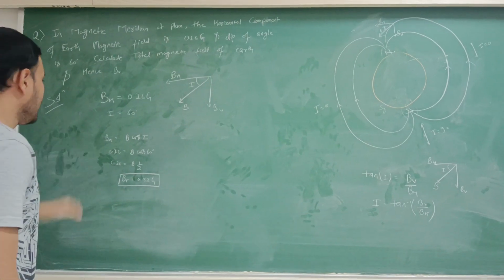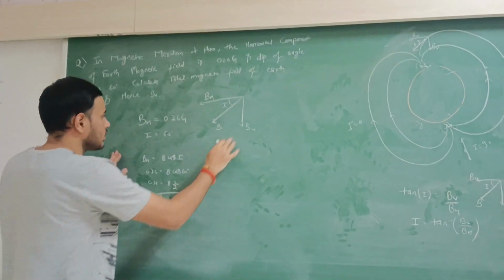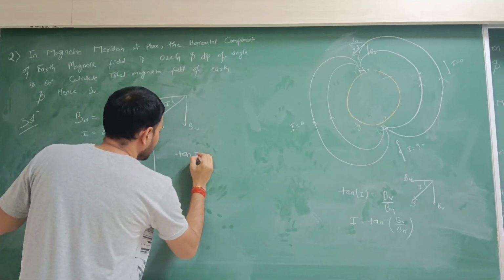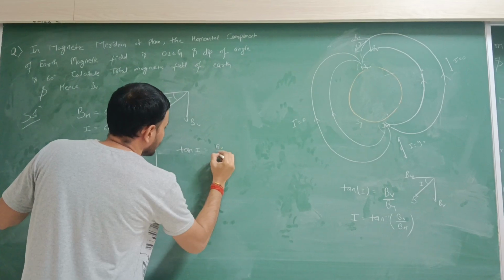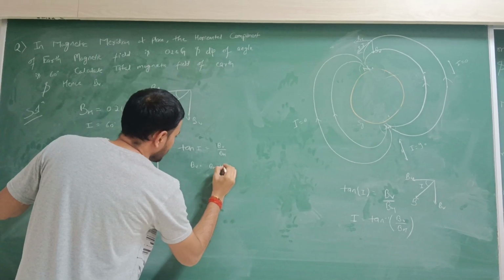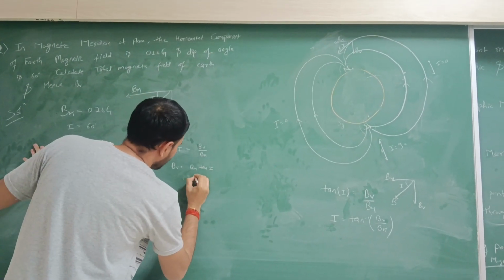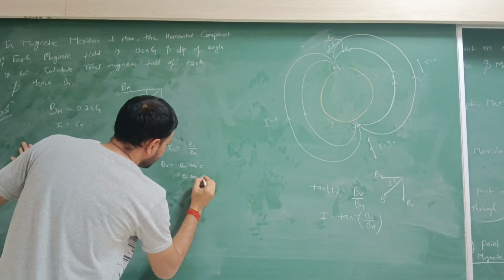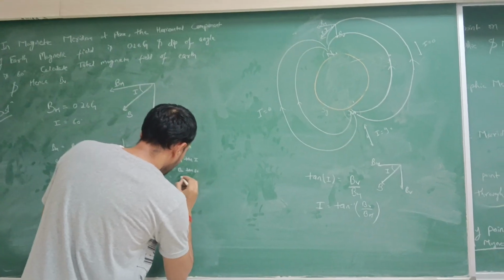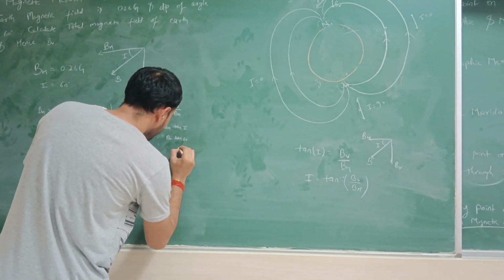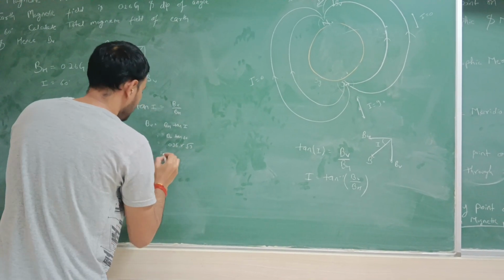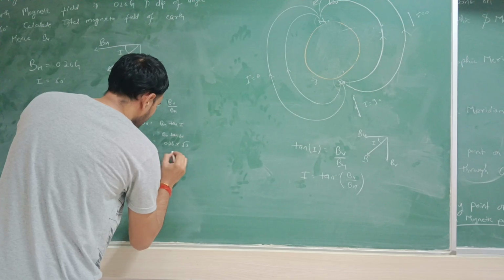This is the total magnetic field, and similarly we find the vertical component of the magnetic field, that is BV. tan of I is equal to BV by BH. From here BV is equal to BH times tan I, that is BH times tan 60 degrees, and tan 60 is equal to root 3, so 0.26 into root 3, and the final solution that will come is our answer.